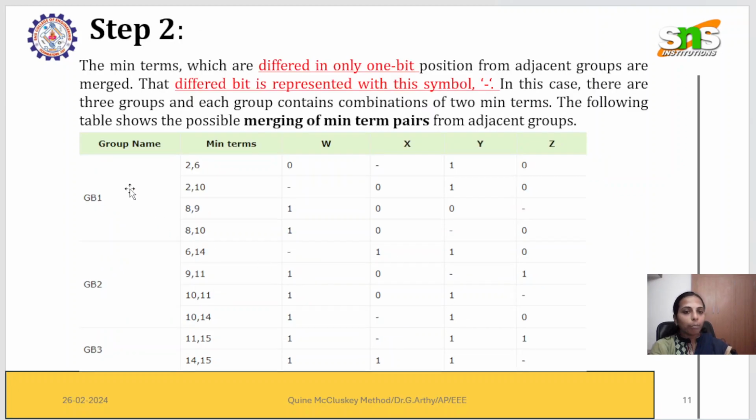So 2 and 10 can be formed into a pair. Only the W bit has changed; in the case of 2 it was 0, and in the case of 10 it was 1. So there we'll be replacing it, because this can take either 0 or 1 when it comes to these two minterms. So that is replaced by a dash, and then the remaining bits are 0, 1 and 0.